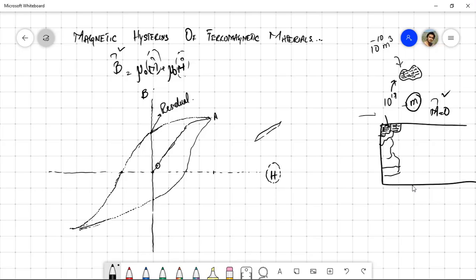So for those materials, the hysteresis loop will have to be narrower, and we will call those materials soft ferromagnetic materials.